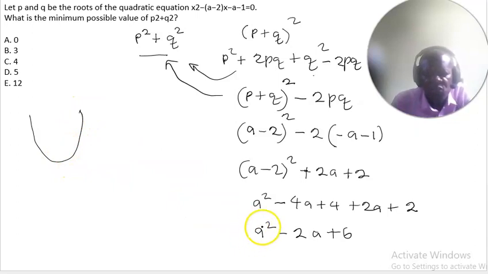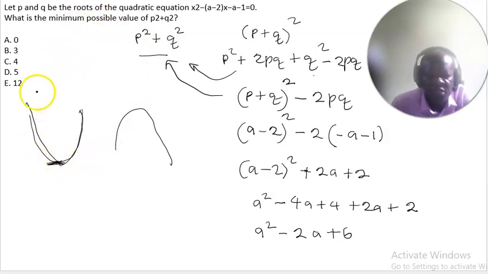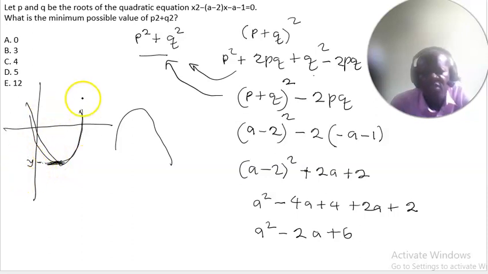If the coefficient of a squared is positive, the parabola will be facing up. If it's negative, it will be facing down. So the one that is facing up is the parabola we are dealing with here. That is why we have a minimum possible value. So the minimum possible value will be in this region. If this is the xy plane for it, as an example, the value of y at this point is what we are asked to look for.